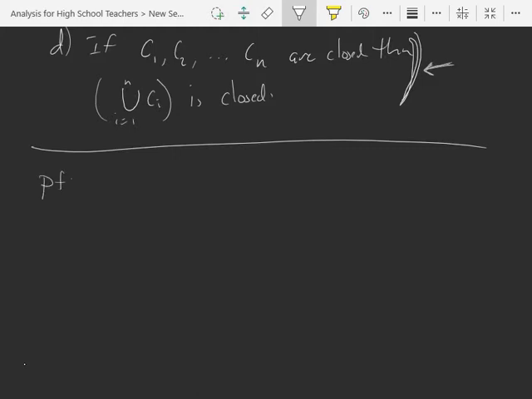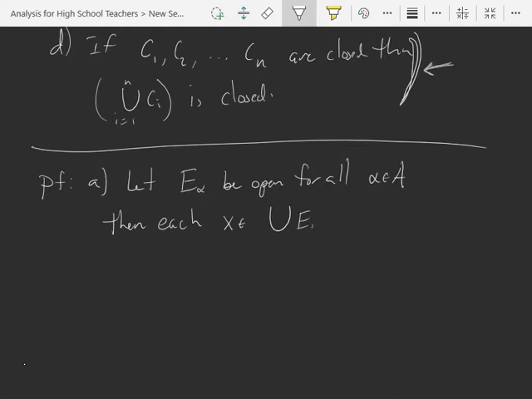So let's do the proof of A. Let E sub alpha be open for all alpha in A. Then each x in the union of the E sub alphas belongs to some E sub alpha star, some special E sub alpha.